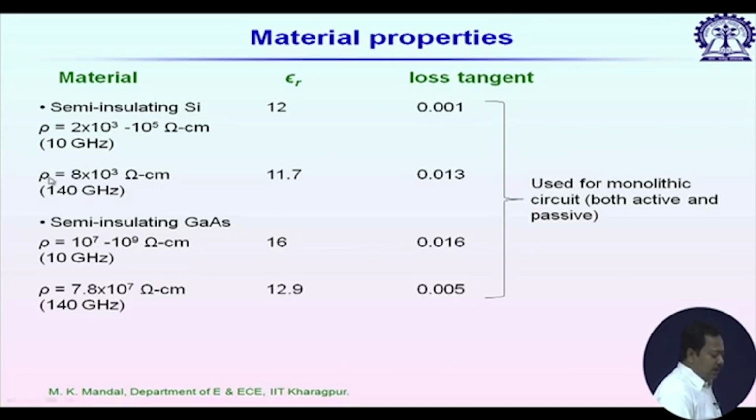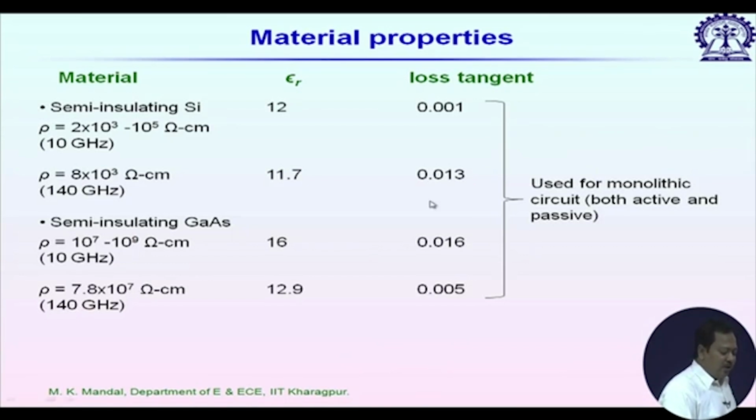So, if I consider a typical value for which measurement result is available, rho is 8 into 10 to the power 3 ohm centimeter and the measured value at 140 gigahertz, epsilon r is 11.7 and loss tangent 0.013, it is high, but still we can use it for circuit realization.